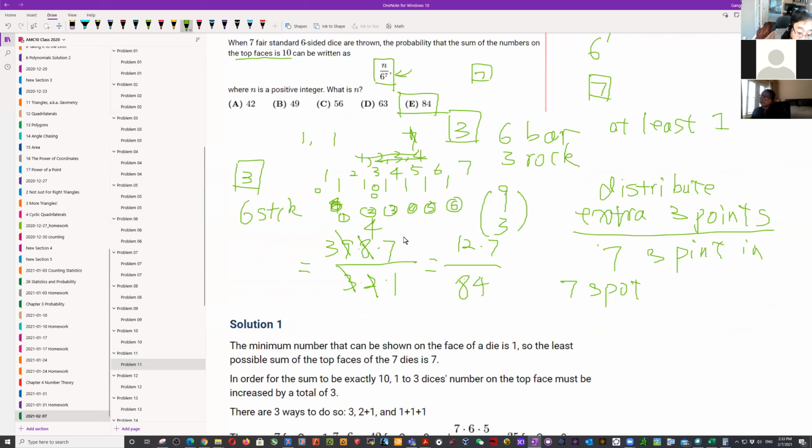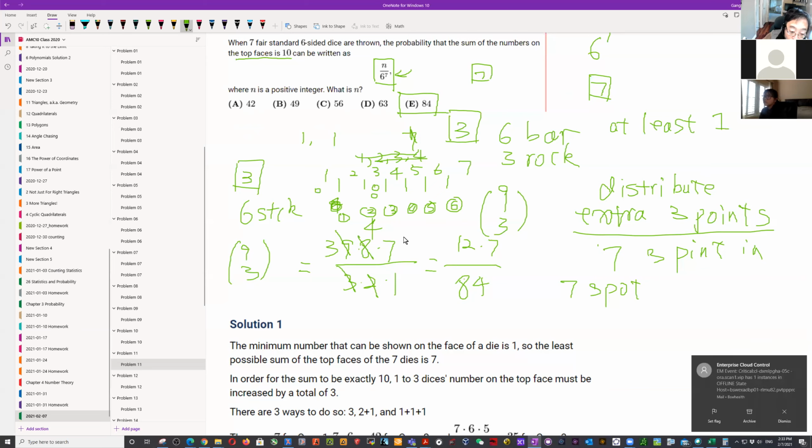Add them together, it's 9. So it's 9 pick 3. 9 pick 3 is actually the value we are going to go after. You are able to calculate that very easily.